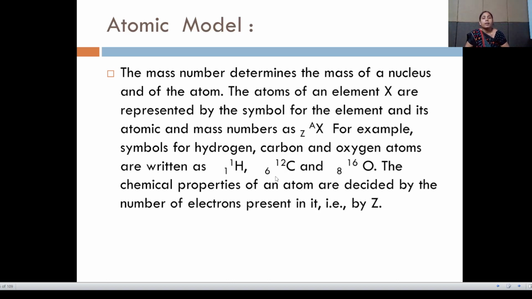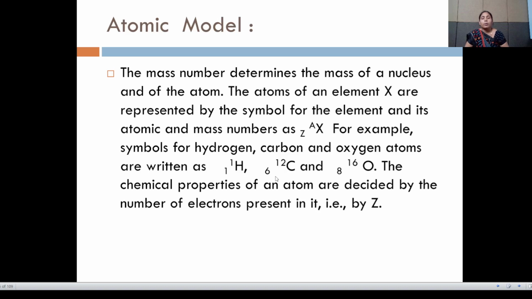The atoms of an element X are represented by the symbol for the element with its atomic and mass number as X, A, Z. For example, symbols for hydrogen, carbon and oxygen are written as H(1,1), C(12,6), O(16,8).